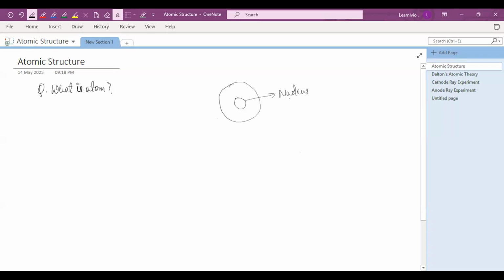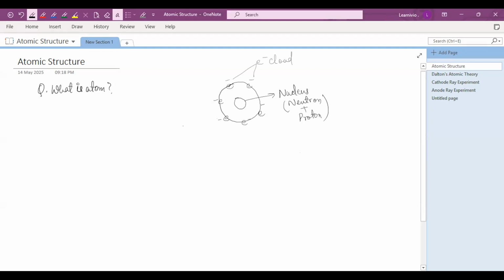And what is in the nucleus? Neutron plus proton. And we know that proton is a positively charged particle, right? And here on the orbitals, electrons move. There's an electron cloud around the nucleus. Okay, so this is the structure of atom.